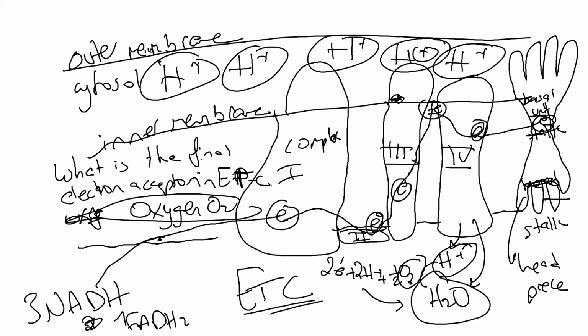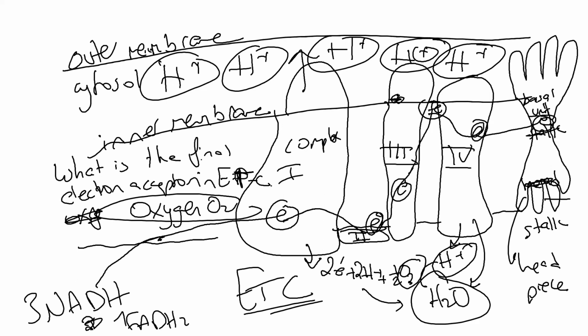However, the NADH and the FADH2, what happens to them? NADH will become NAD plus after this electron transport chain by producing one H plus to the outside, and FADH2 will become FAD plus by also doing the same process, ending up creating ATP because of this transformation.